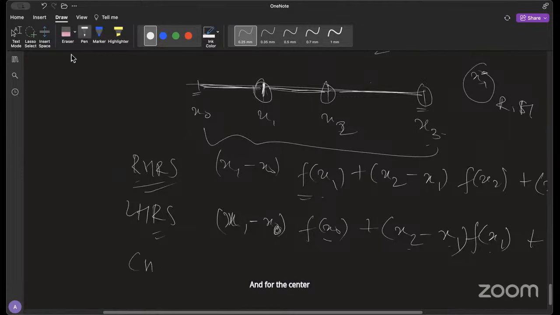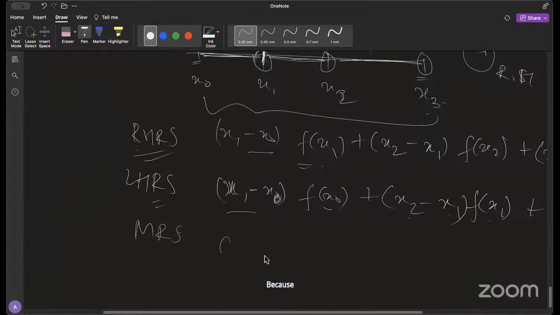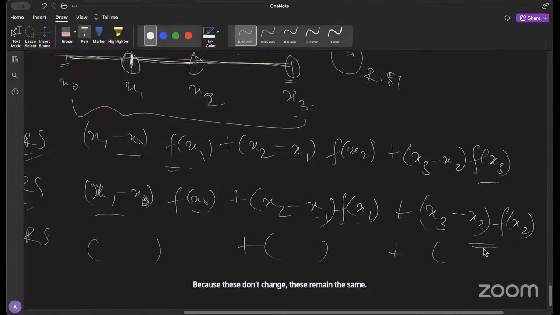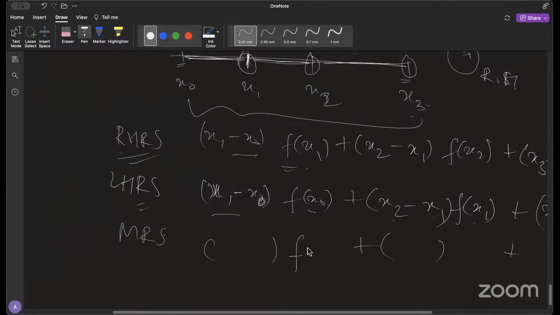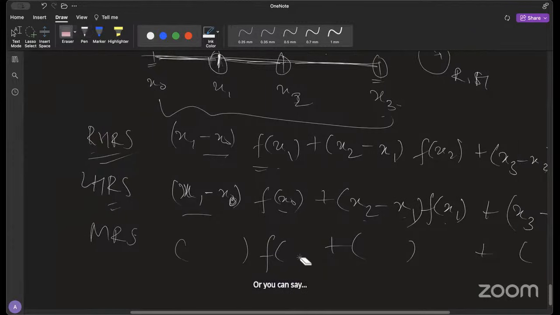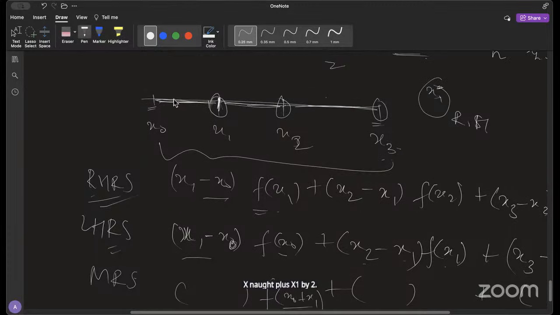And for the center Riemann sum, the mid Riemann sum, because these don't change, they remain the same. It will be f(xi star), or you can say (x0 plus x1) by 2. Then this xi star will be the middle point of this interval.